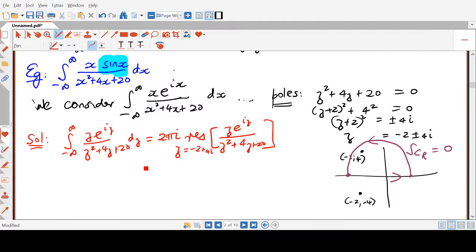So to work out the residue, there is a neat trick for this also, 2 pi i. The trick is you have f of z over the derivative of the denominator, 2z plus 4. And I plug in z equals minus 2 plus 4i.